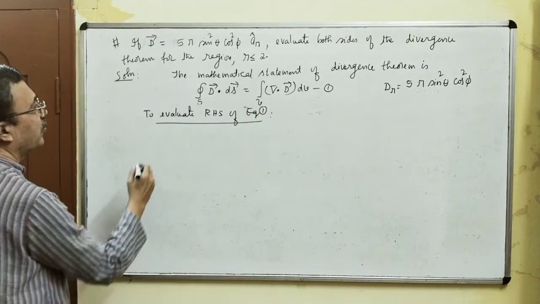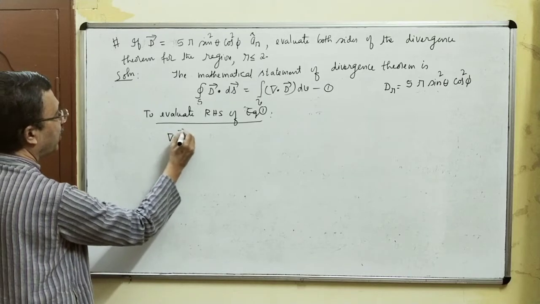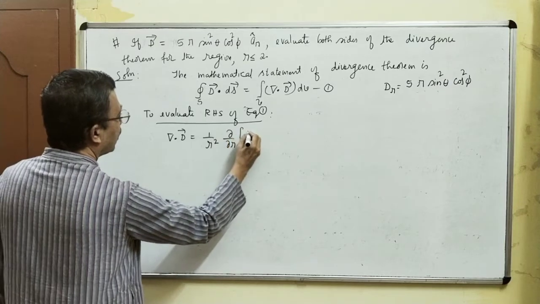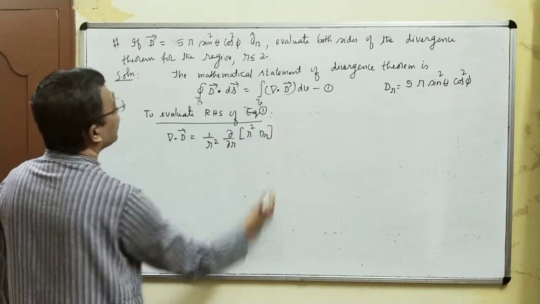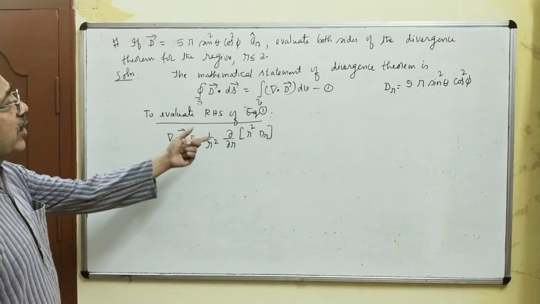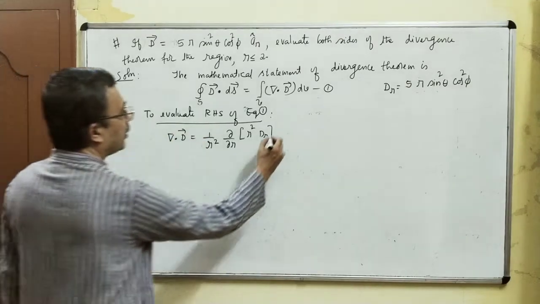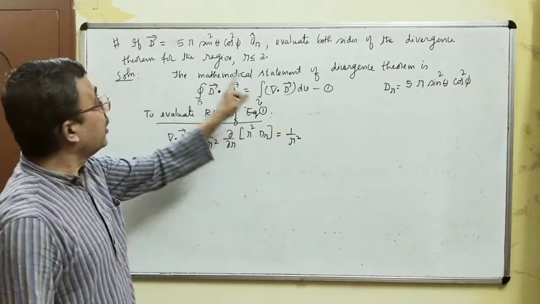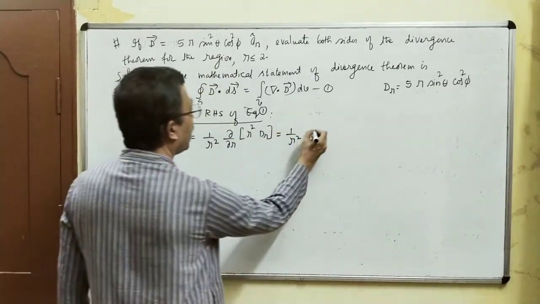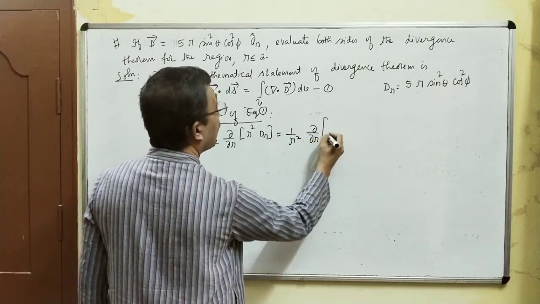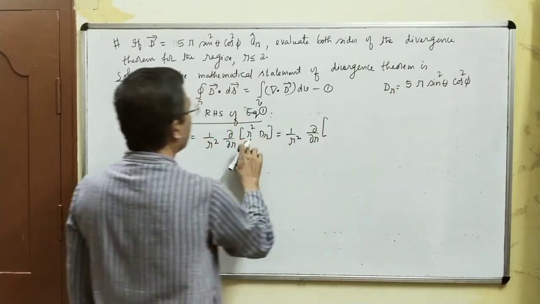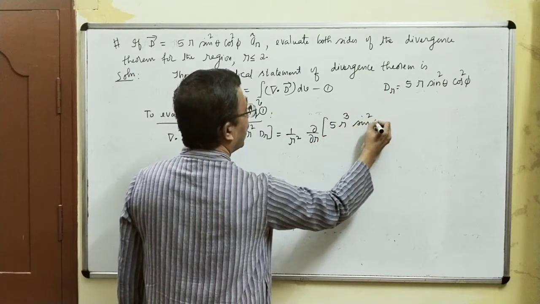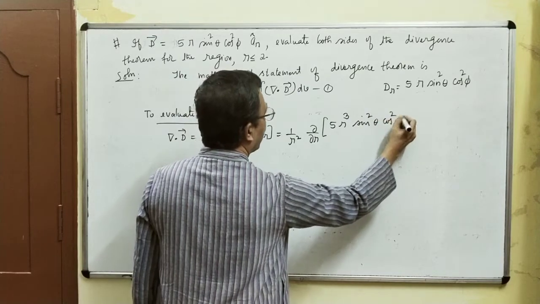First, we calculate divergence of D. Divergence of vector D is equal to 1 by r square dou by dou r of r square into Dr. The other two terms are not required because D theta and D phi are 0. So equals 1 by r square dou by dou r operating on, substituting Dr, 5 times r cube sin square theta cos square phi.